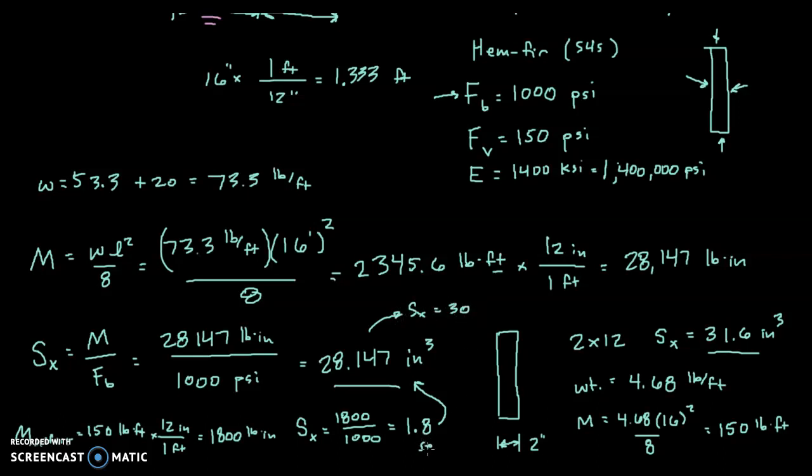So this is for the self-weight, this is from the floor load, and this then would be the total amount of section modulus required, 30. And if we go with the 2x12, we will be providing 31.6. So a 2x12 will be adequate to resist bending stresses.